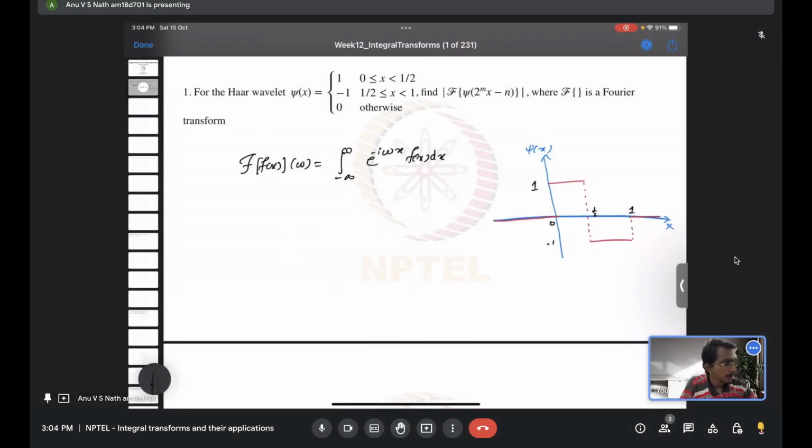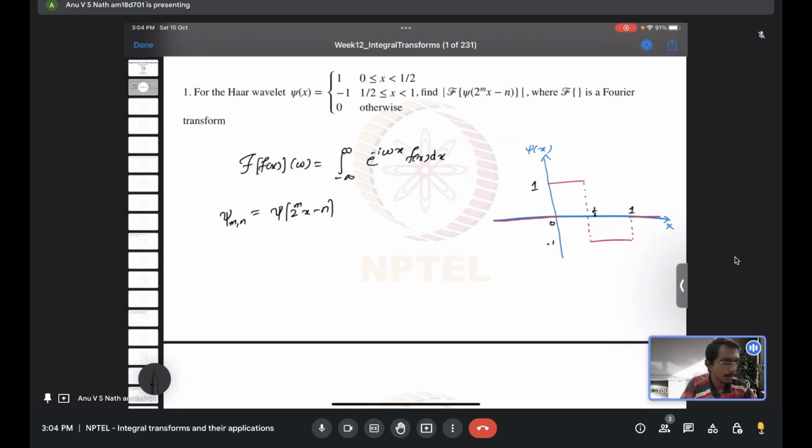So what we are asked here is, first, the discretized version of the Haar wavelet, which is psi m,n, given as psi of a0 raised to m x minus n. Here we have taken the case of the scaling parameter being 2 and the translation being 1, so it is psi of 2 raised to m x minus n.